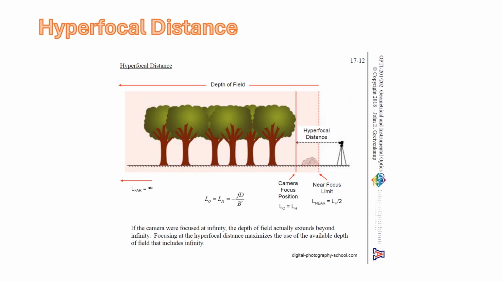So you choose instead to focus at a hyperfocal distance where you have the maximal acceptable defocus at infinity, and then as you come in, the image quality and the focus will improve, and then you get to the hyperfocal distance, the image is in focus, and then you would come in to half the hyperfocal distance and get back to the same defocus as you had at infinity. So your focal range goes from half the hyperfocal distance to infinity.